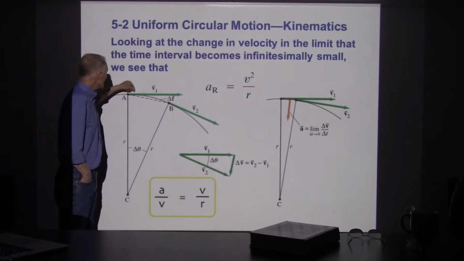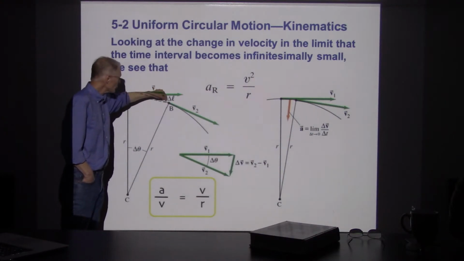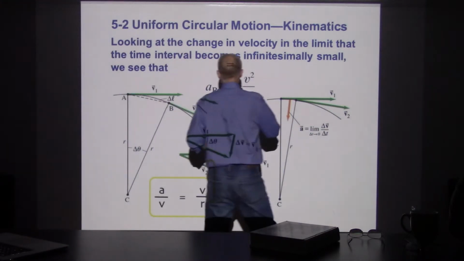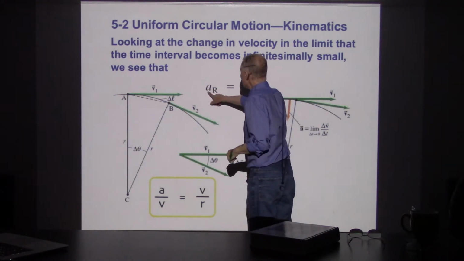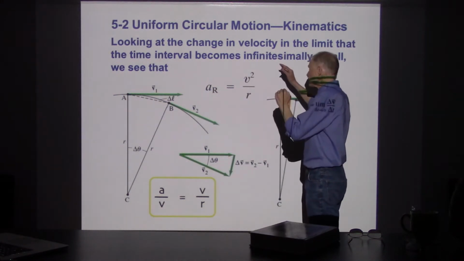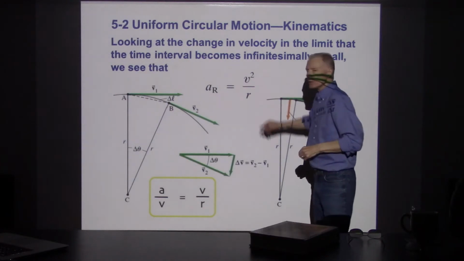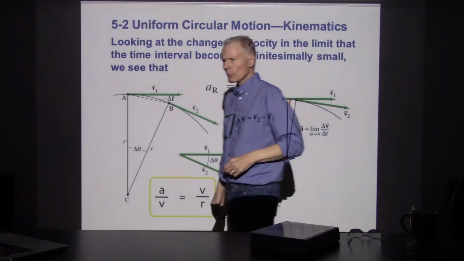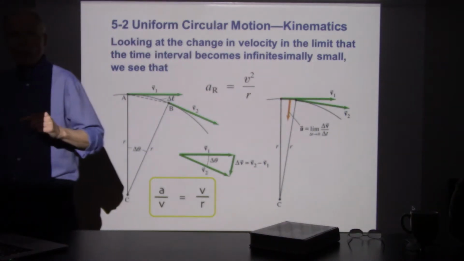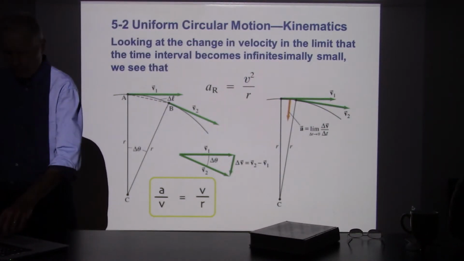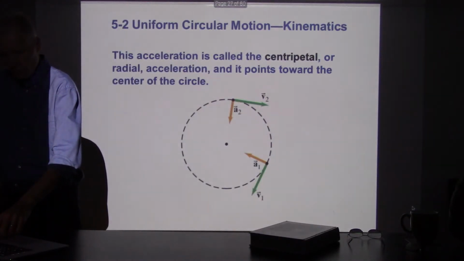Well, at each instant, at each position that we go through, the instantaneous acceleration is given by the instantaneous velocity squared divided by the instantaneous radius. So that works instant by instant, minute by minute.